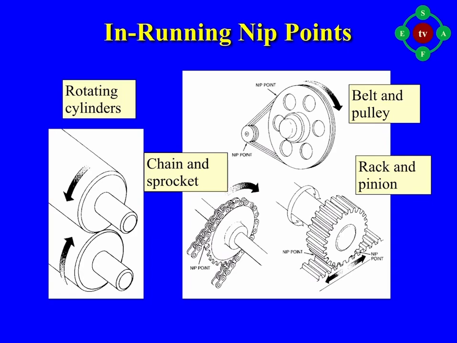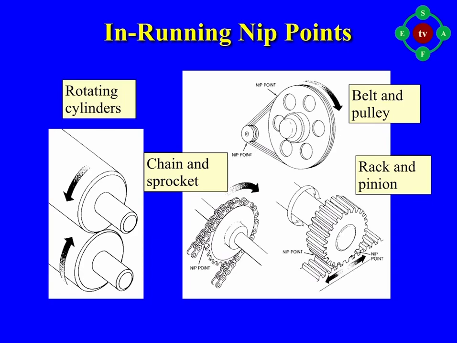This danger is common on machinery with intermeshing gears and rotating cylinders. Another type of nip point is created between rotating and tangentially moving parts, for example, a chain and a sprocket, a rack and pinion, or the point of contact between a power transmission belt and its pulley.